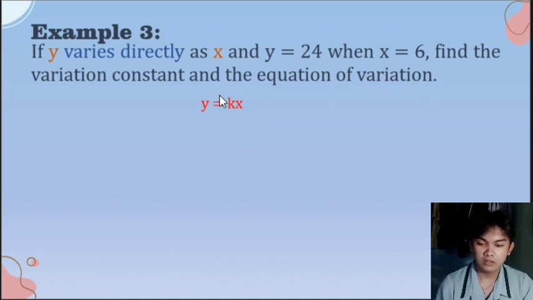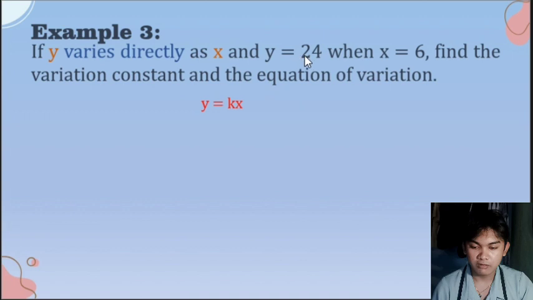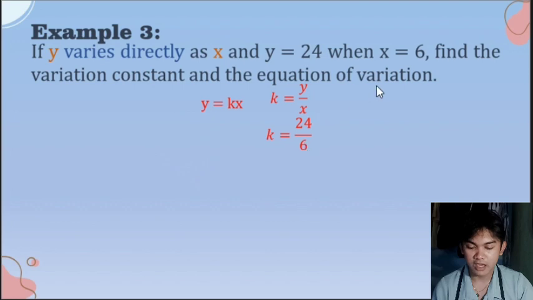Since the value of y is 24 and x is 6, substitute the value of y, which is 24, and the value of x, which is 6. So, 24 over 6, we get the value of k, which is equal to 4.